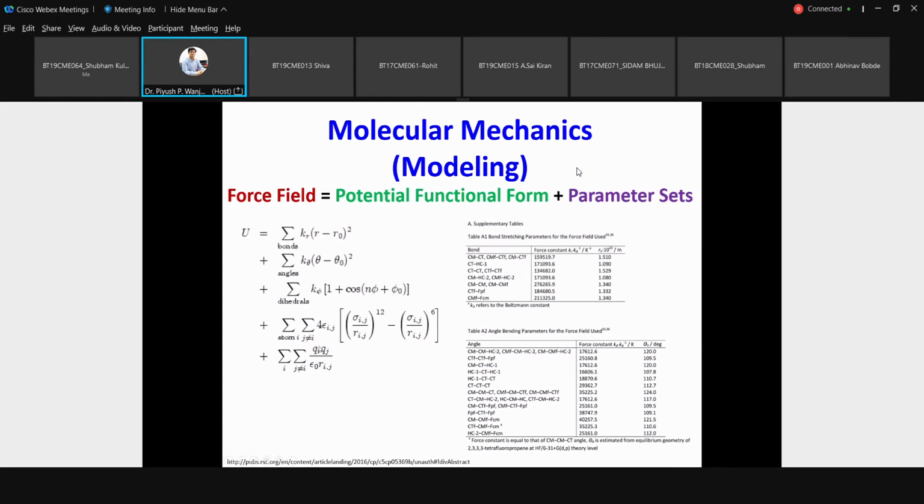In the electrostatic interactions, what is the variable? Rij. Okay, the distance between two atoms I and J is the variable, and the other things, like Qi, Qj, epsilon 0, are constants.